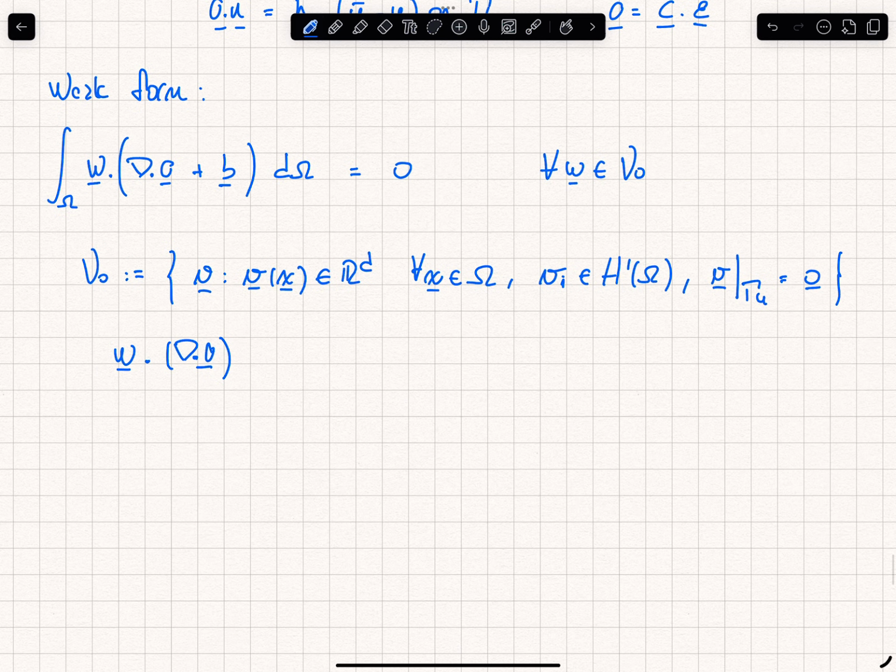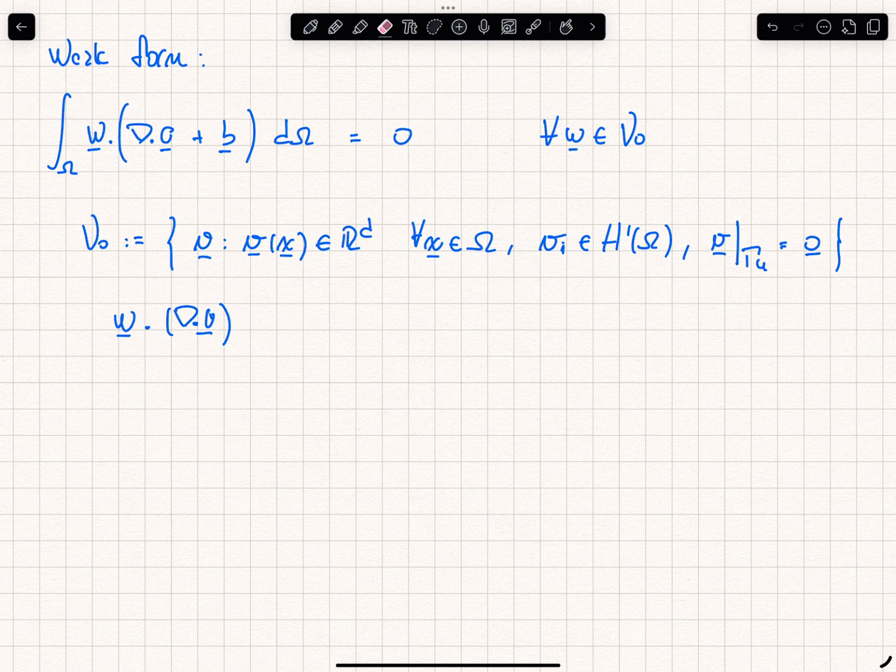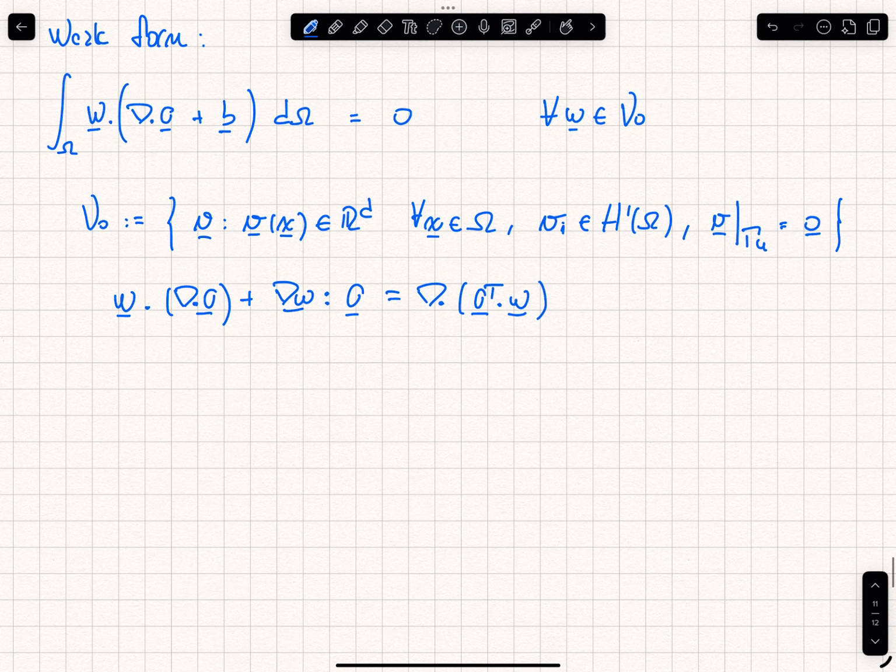And so the identity that we're going to use is: W dot the divergence of sigma, plus grad W contracted with sigma, and I will explain what that exactly means in a second, is equal to the divergence of sigma transpose operating on W. So that is the identity.